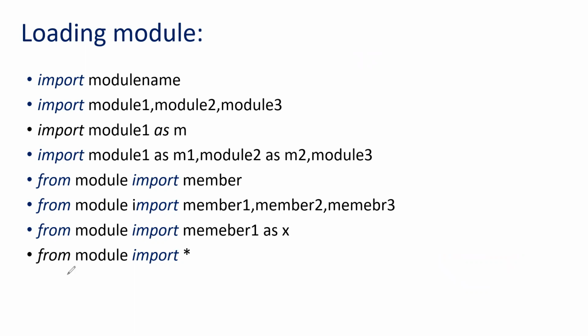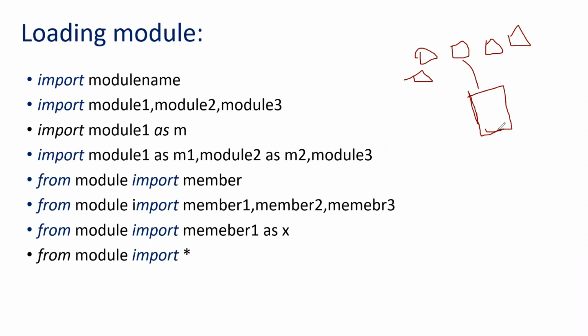For example, the main keyword is import, because someone created the code, and we need to import that in our code. There are multiple modules, and now I want to access them, but I don't want to write the entire code for my logic.